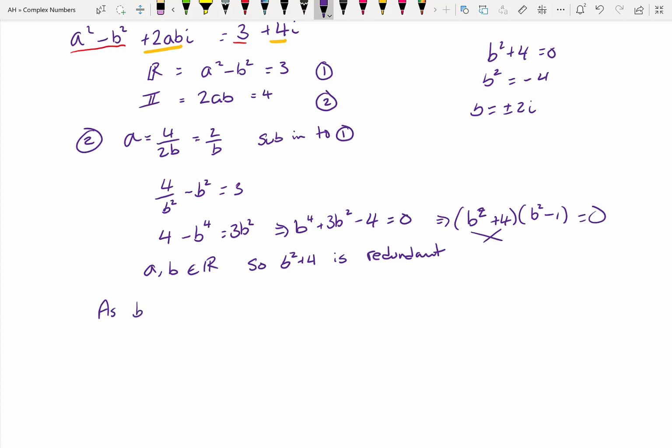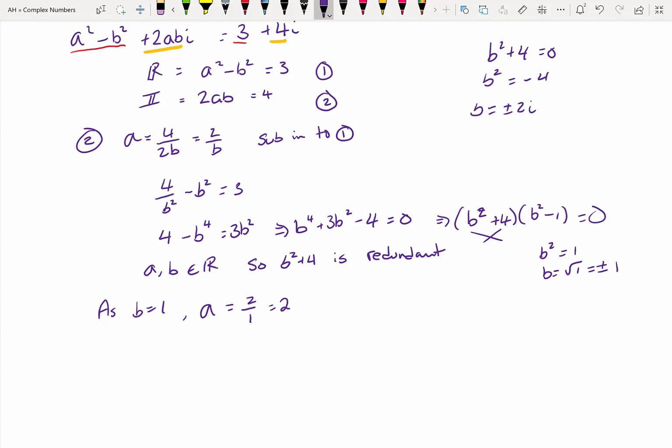So, as b is equal to 1, how can we go from here? Well, we know what a is. a is equal to 2 over b. So 2 over 1, which is just 2. That's not our only answer though, because remember, just like we did here, we had plus or minus i. If we did b squared equals 1, b is going to be the square root of 1, which is plus or minus 1.